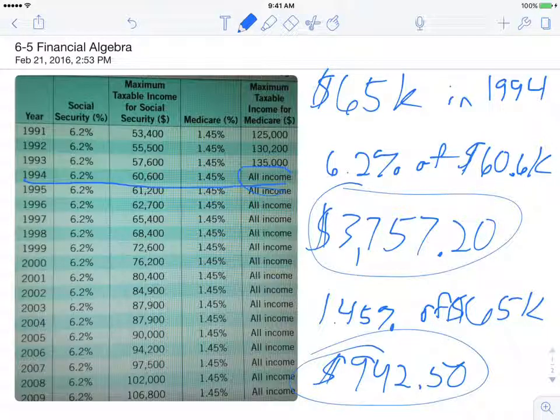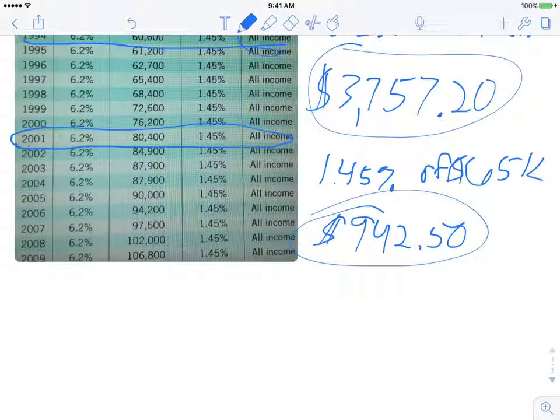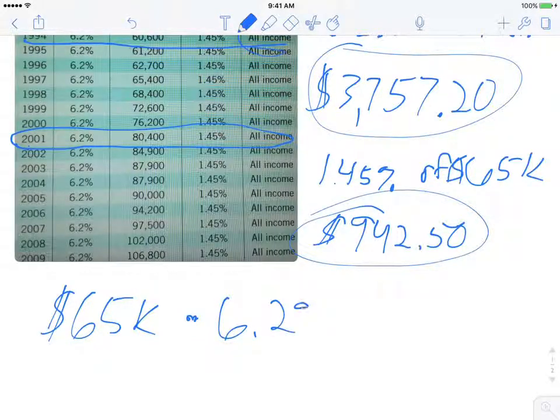All right, so let's say we skip ahead now, and this person's still making $65,000. They haven't received a raise, or maybe they switched jobs and they're finally back up to the same pay rate. Who knows? But let's pretend now that we're in 2001. Well, in 2001, your maximum taxable income for Social Security is $80,400, which is above the $65,000. So in this case, we would take the full $65,000 times the 6.2%.